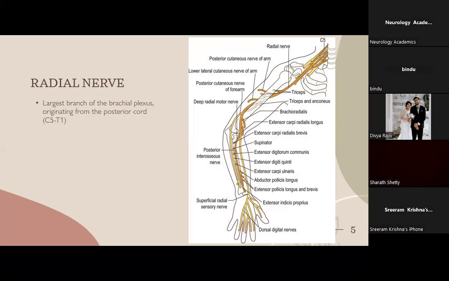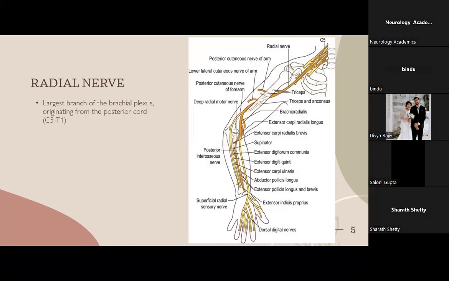The deep motor branch gives off muscular branches to extensor carpi radialis brevis and supinator. Then it enters the supinator muscle at the arcade of Frohse, the proximal border of supinator, which is tendinous in some individuals. So it is a common site of compression of deep motor branch of radial nerve.